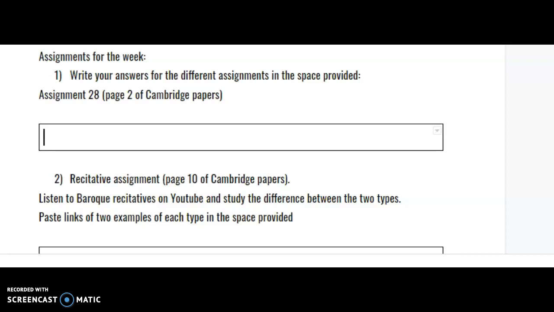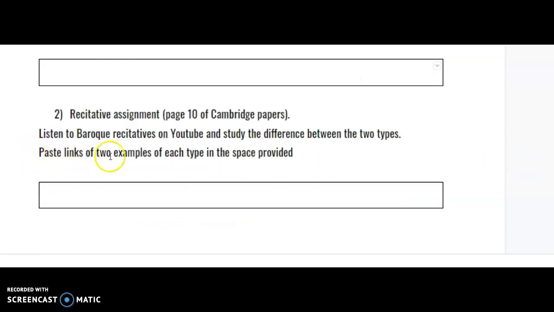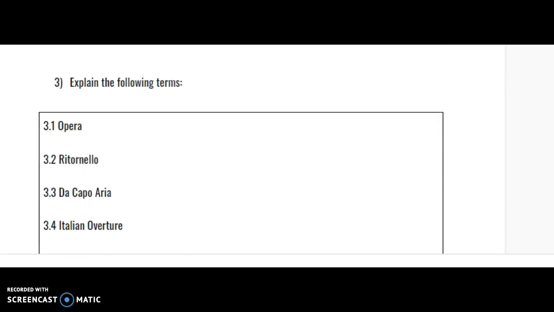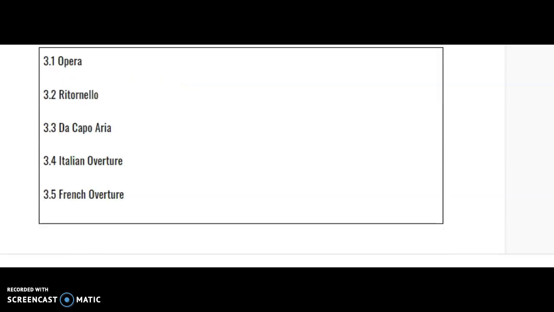Listen to Baroque recitatives on YouTube and study the differences between the 2 types. And then I want you to paste links of 2 examples of each type in the space provided, so that we can watch the YouTube videos as well. Explain the following terms: opera, ritornello, da capo aria, Italian overture, and the French overture. So these terms you have to know for this week.